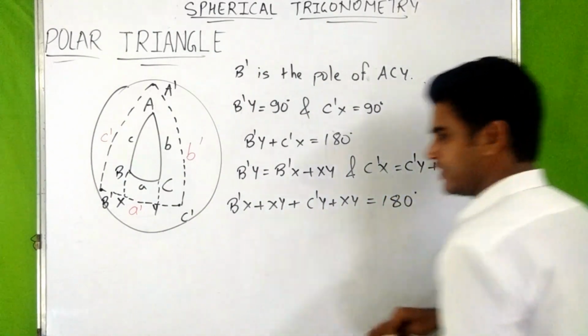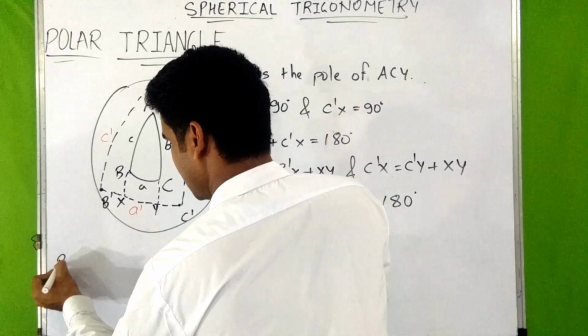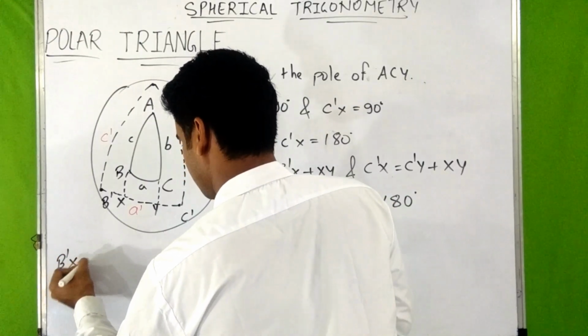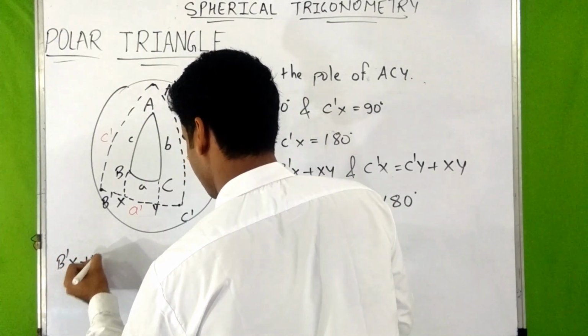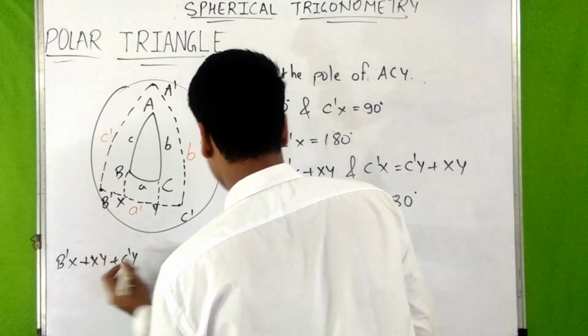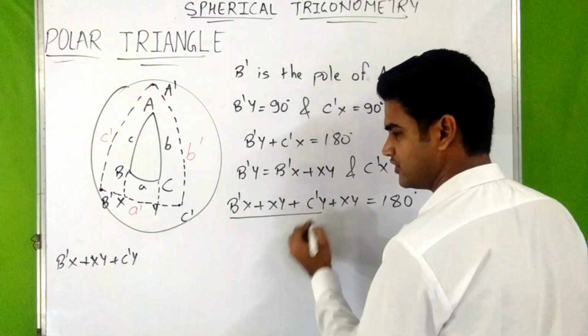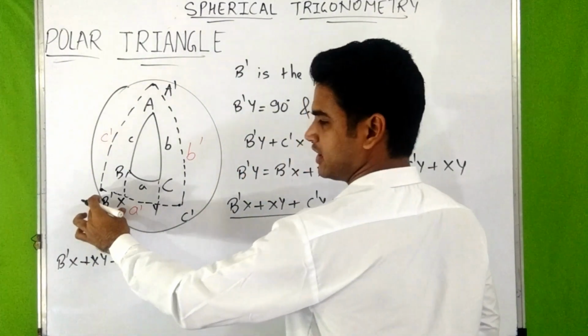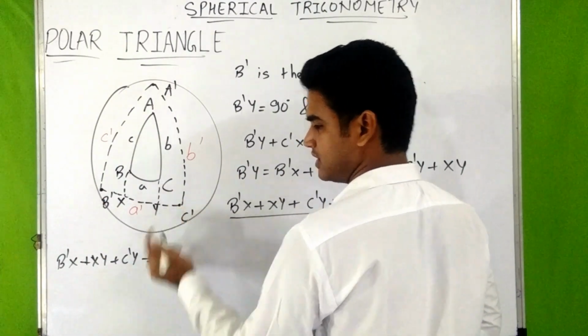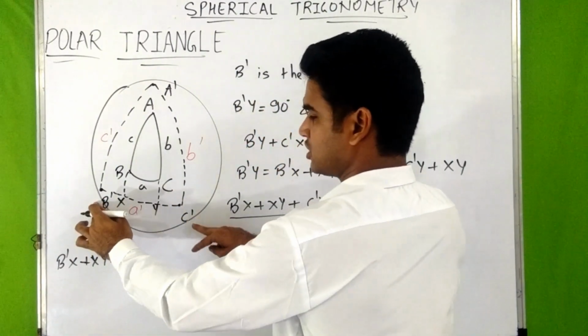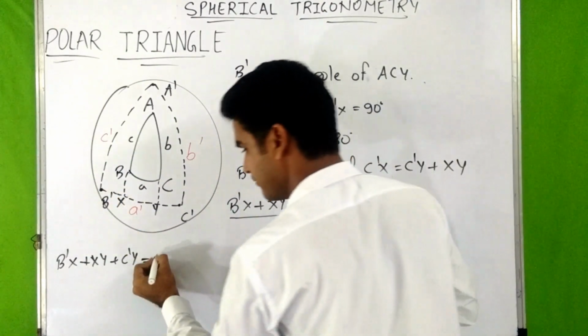Now we can see that the sum of these three terms, B dash x plus xy plus C dash y, gives B dash C dash, this complete side.